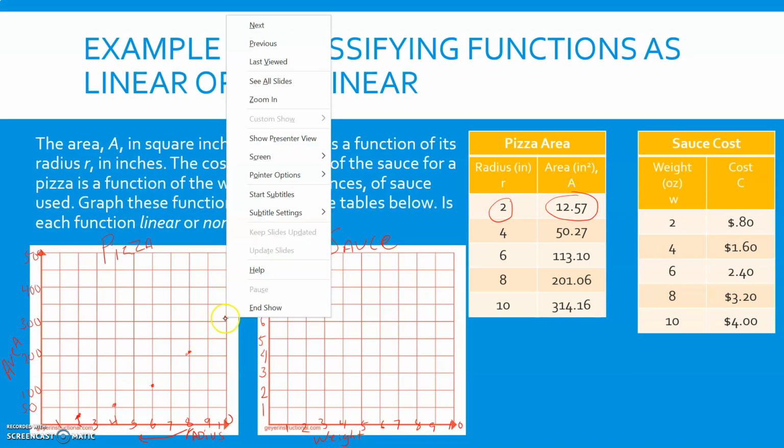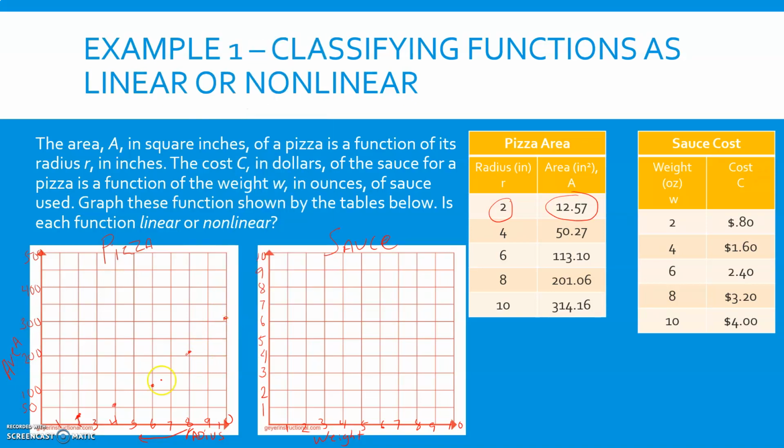As we look at these points that are created and we draw the line for these points, what we're seeing is that it's not going up at a constant rate. As we go up by 2 each time in our x value, this amount right here is not the same. It goes up by 38 right here, and then it goes up by 60, and then it goes up by 80, and then it goes up by over 100.